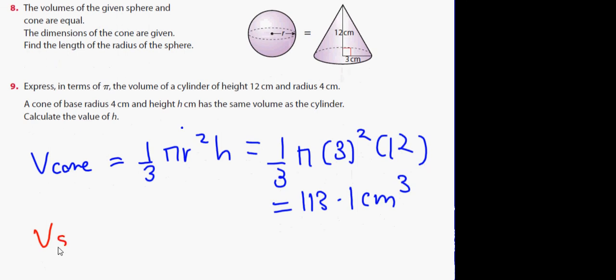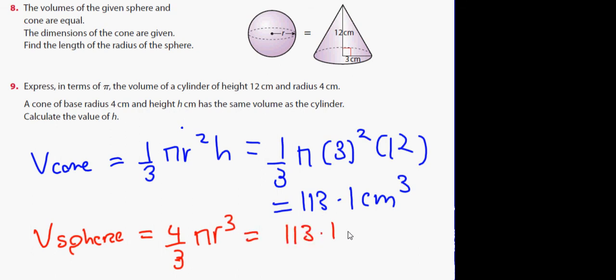What we know about the volume of the sphere is the volume of the sphere equals the volume of the cone. So 4/3 pi r cubed must equal 113.1 centimeters cubed.